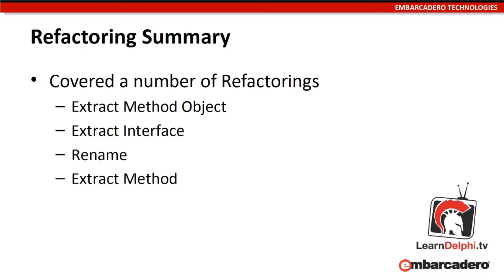We then extracted an interface from our form to remove the dependency on the form in our code, and we then repeated the process in reverse to remove the dependency of our new code from the form. We then used the extract method refactoring to pull out a bit of code, reducing the size of the perform calculation method. We also squeezed in a couple of rename refactorings.